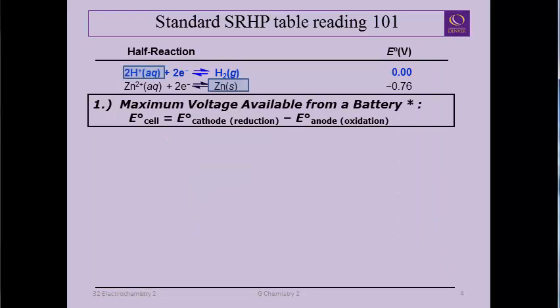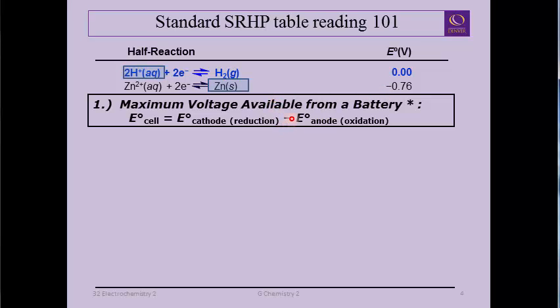So here's the key equation, and I've got it circled because you need to understand how to use this. You can always figure out the maximum voltage available from a battery, or the resting standard potential of a battery at standard conditions, by taking the cathode reduction, which in this case is the hydrogen reaction, and subtracting the zinc oxidation.